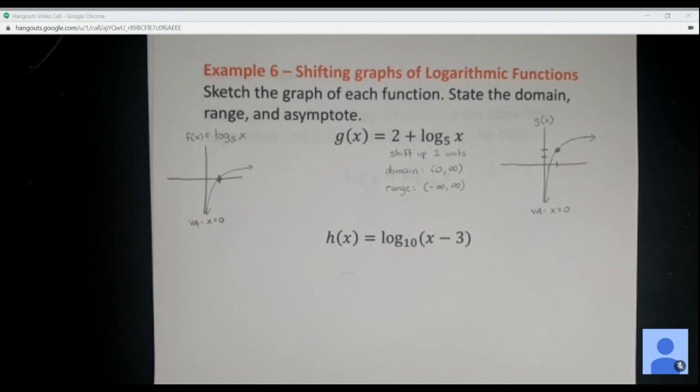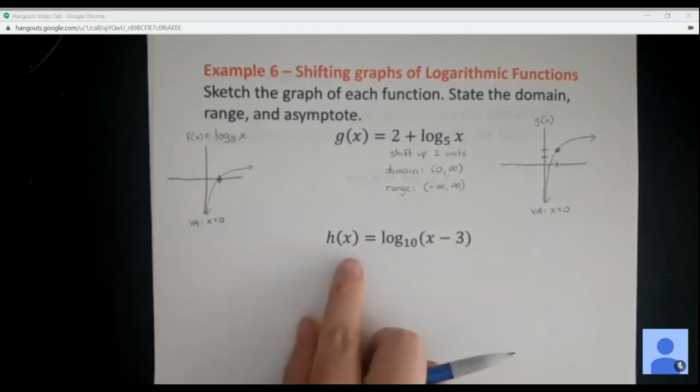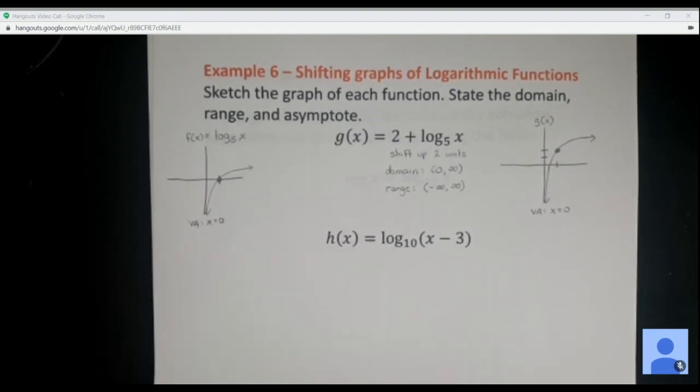All right, now, what's our parent function for this next graph? Good, base 10 log of x, right?